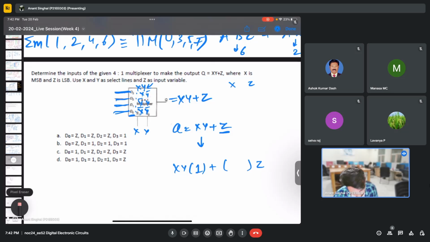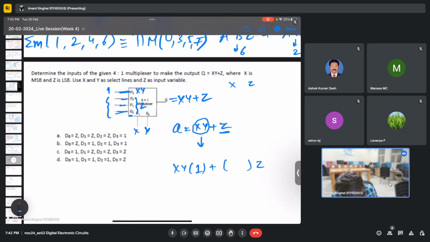I can even solve it directly, but for the sake of clarity let's do it one by one. So for XY, you can clearly see we need to multiply it by 1. So for D3 it is for sure 1, and for the rest of the terms we need to cancel these terms so that we are only getting a Z.